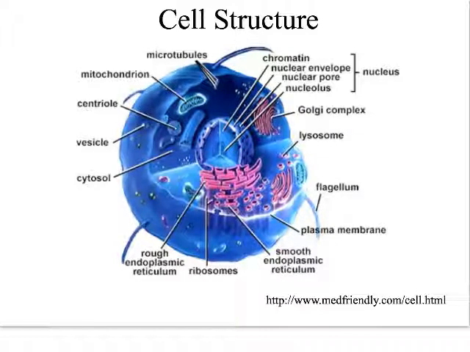The endoplasmic reticulum, or the ER, is tubules and vesicles that facilitate communication and transfer of food. So one way to think about the ER is that it's like a highway system. The Golgi apparatus is, again, vesicles that extend from the nucleus to the membrane, and they are like a packaging center.